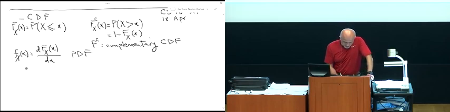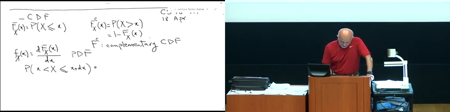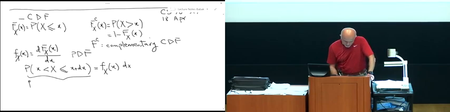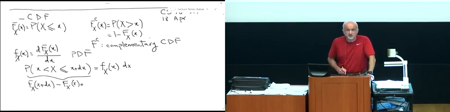We also talked about how if we want to look at the probability that a random variable x is between some value small x and infinitesimally larger than x, this is given by f_X(x) dx, because this would be the CDF at x plus dx minus the CDF at x.